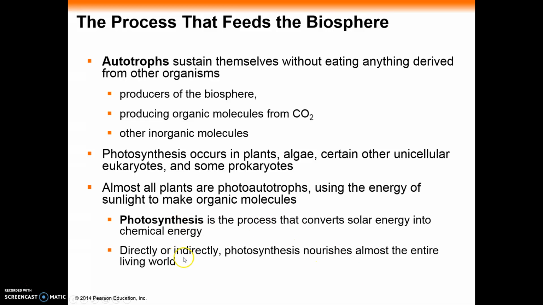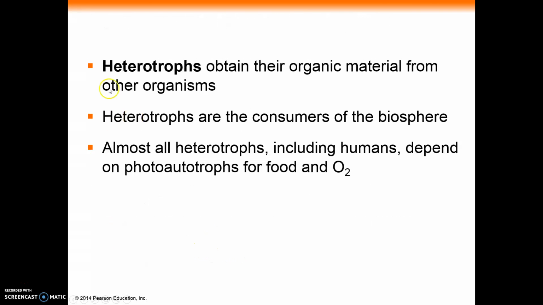But plants do this by taking energy from sunlight. This either directly or indirectly drives the entire world. We as heterotrophs get our energy from eating other organisms, be it plants or other animals, and ultimately those animals probably ate plants. So we consume all the photoautotrophs.